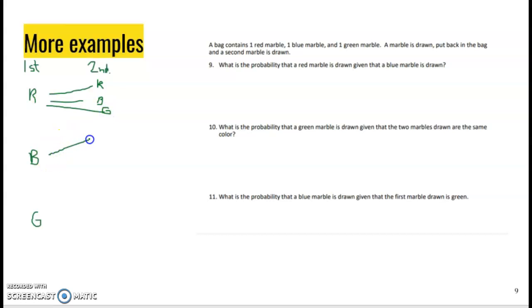And if I drew a blue first, I could draw a red, I could draw another blue because I put it back in, or I could draw a green. Here I would have a green, I could draw a red, I could draw a blue, or I could draw a green again because I replaced it.